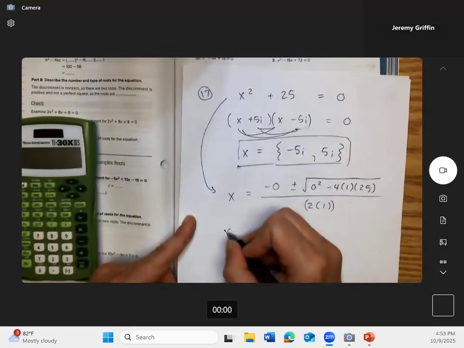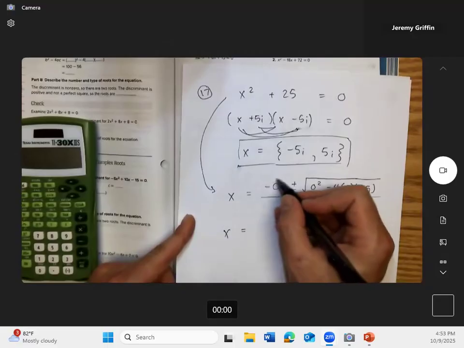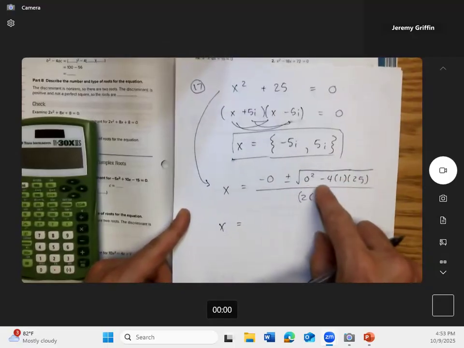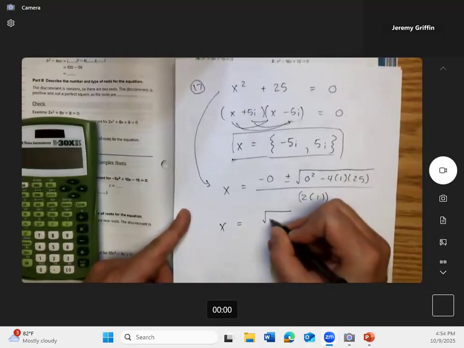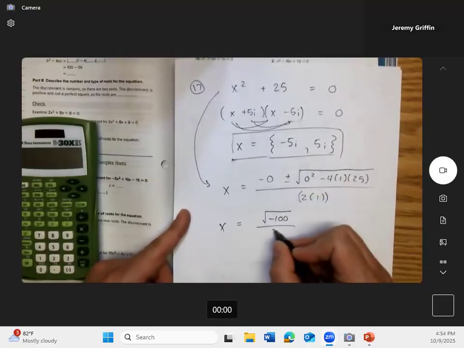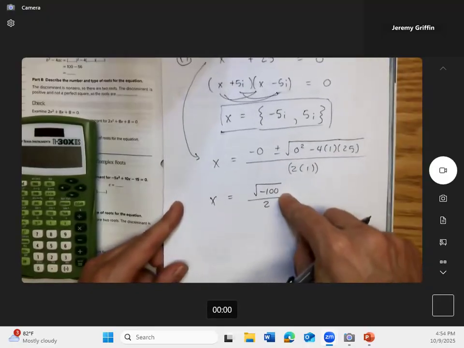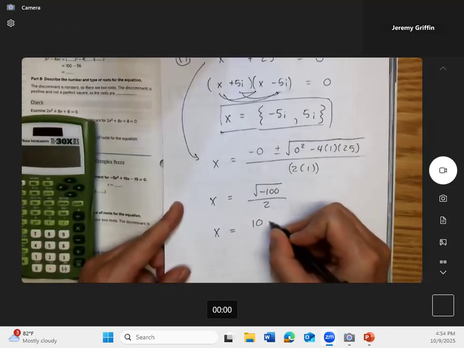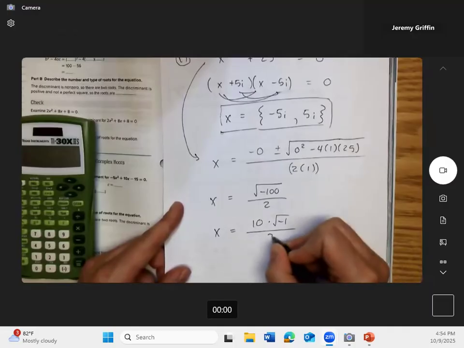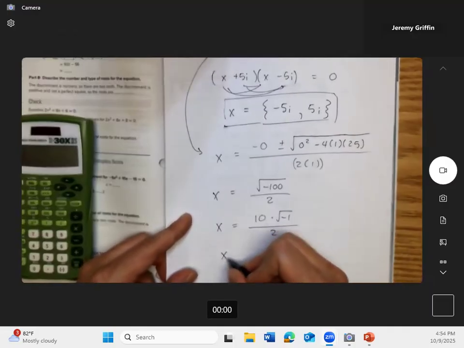Okay. So x equals, so this just goes away, whatever. This is -100, isn't it? The square root of -100 divided by 2. Okay. Well, 100 is 10 squared. So I can take a 10 out, and I still have the square root of -1.